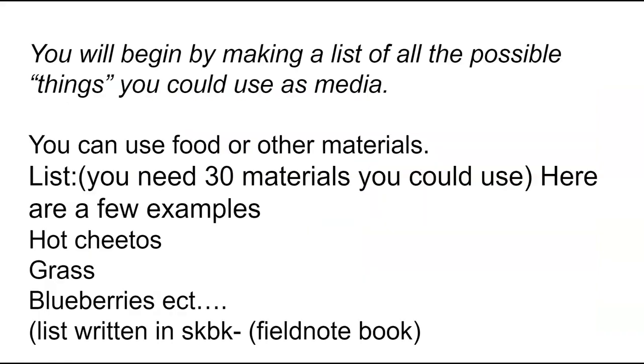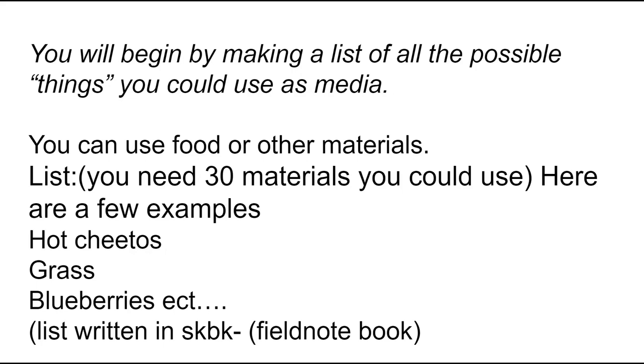All right, so what I'd like you to do first is to make a list of all the things you could use as media. All of them. This says 30. Y'all can do better than that. Just keep going. What can I use for art supplies? I can use spaghetti, hot Cheetos, grass, blueberries, chicken poop.